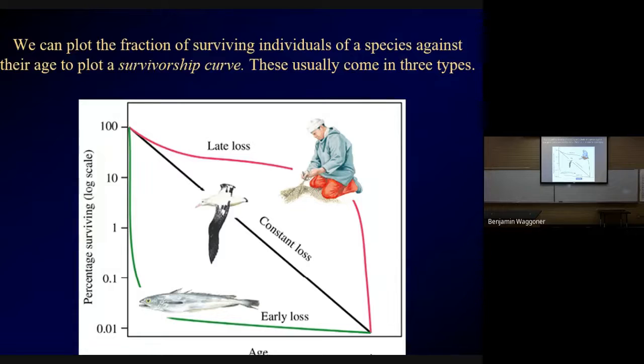meaning that most of our mortality happens late in life. If you have 100 babies that are born, after a year, we do have some infant mortality, but maybe 99% of the babies would still be expected to be alive. And maybe 95% would still be alive into, I don't know, their 30s.